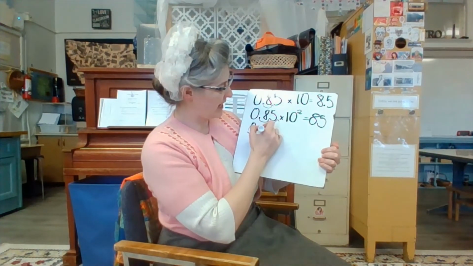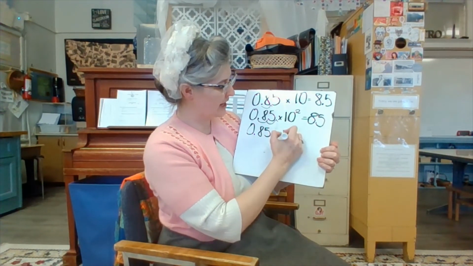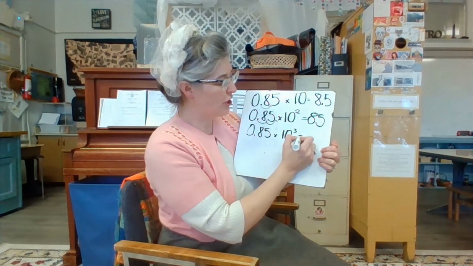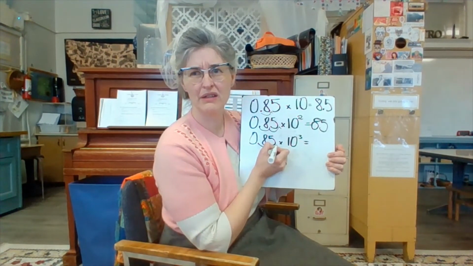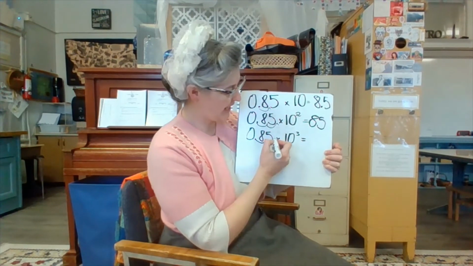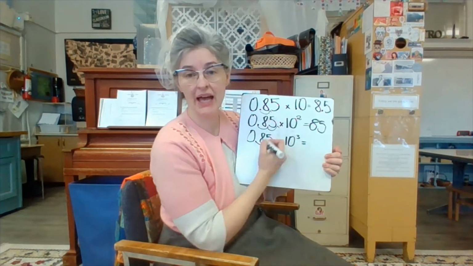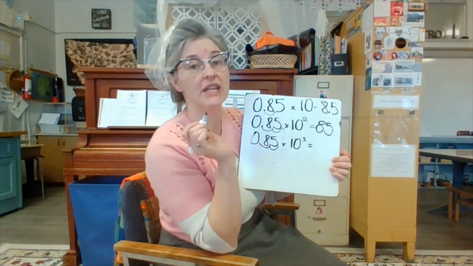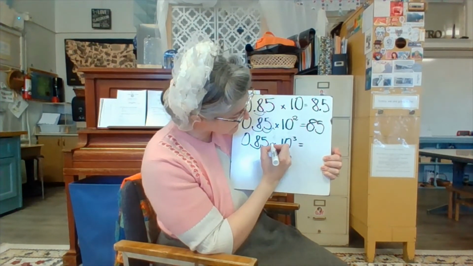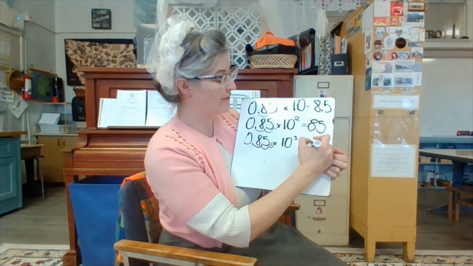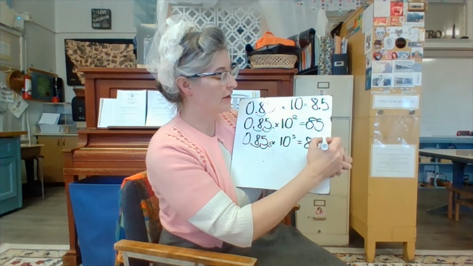If I'm going to take 85 hundredths times 10 to the 3rd power, 1, 2. Oh, I ran out of things. Oh, right. There are hidden zeros in front and behind every single number to infinity and beyond. There needs to be one more little zero there. Now I have the number 850.